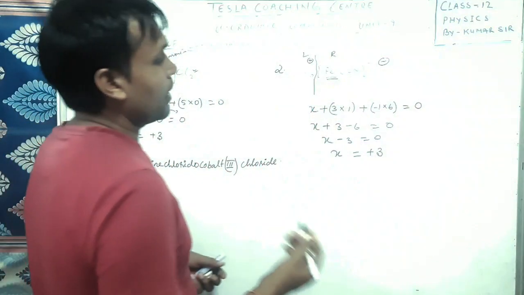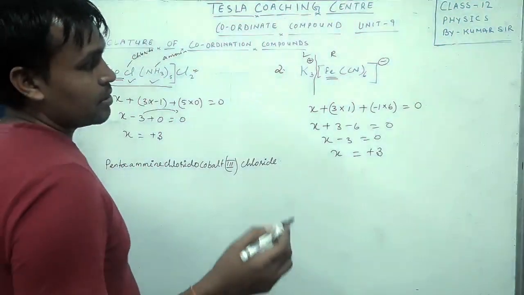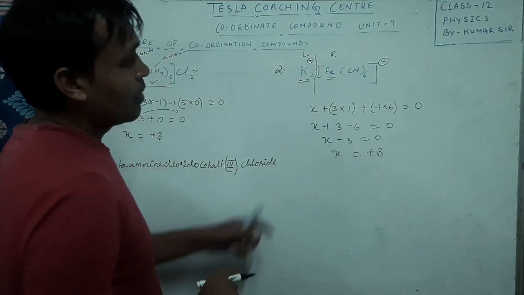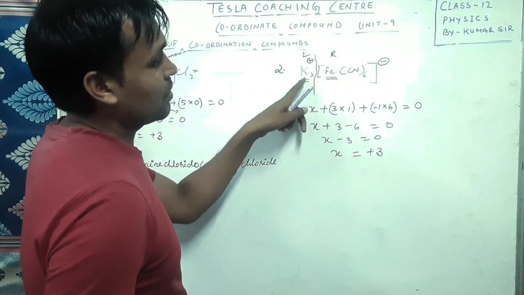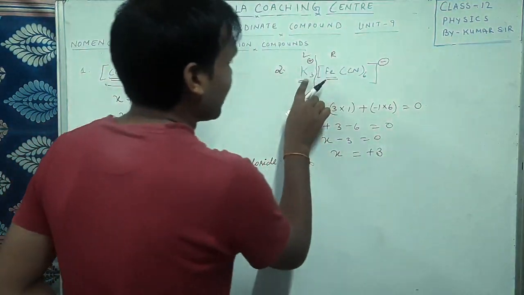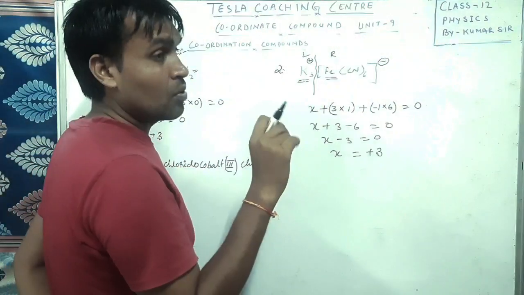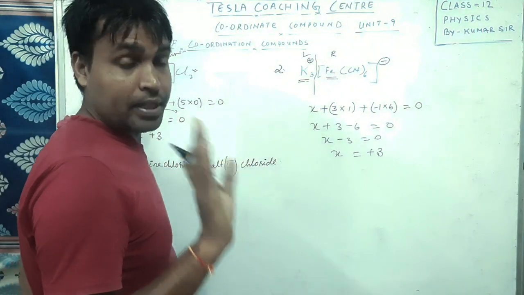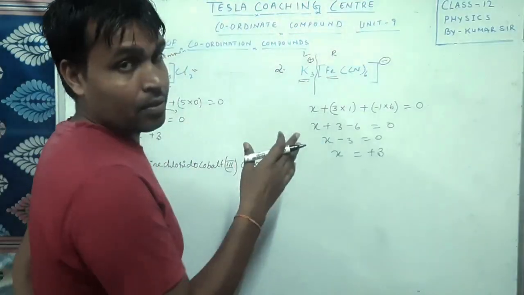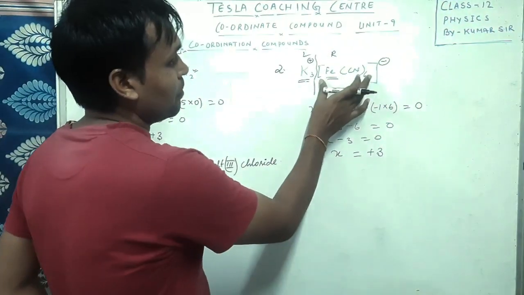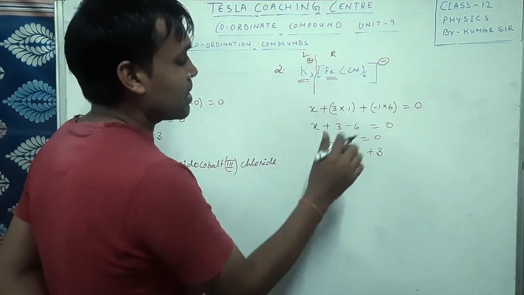Next we are going to name it. But dear students, remember, first the positive part is named, that is K3. How much is K? 3. But you don't write tri-potassium. In coordination compounds, for those which are outside the bracket, we just write their name.